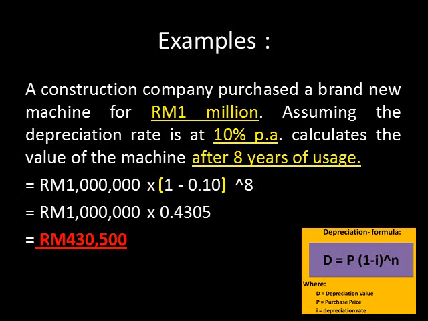So the depreciation value is 430,500 ringgit. We can conclude here that with 8 years of usage of a machine costing 1 million, with the depreciation rate at 10%, it is worth 430,500 ringgit after 8 years of usage.